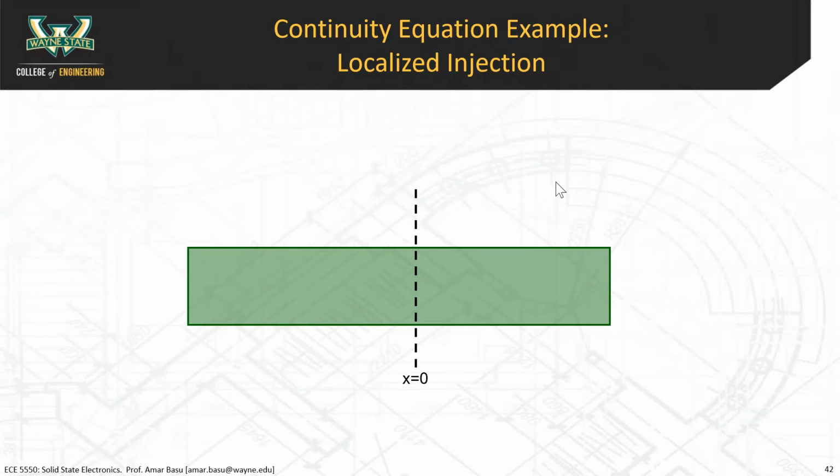The term injection, by the way, you can think about like getting an injection, where you're injecting something into your blood. We are injecting carriers into a semiconductor. And the way that we're injecting the carriers in this particular example is with light. We're just generating those carriers, so sometimes they refer to that as injection.